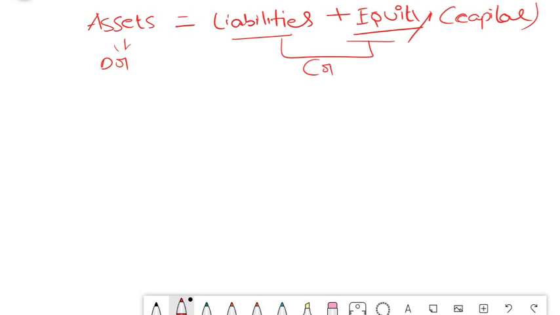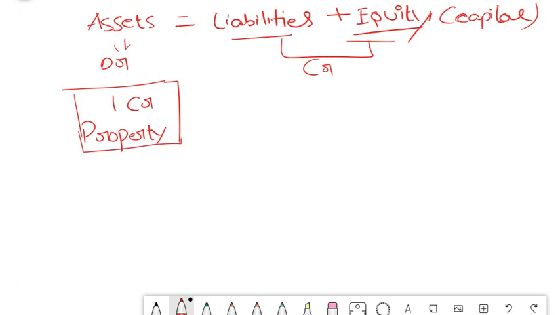Now I will give you one example. I need to purchase a property which is worth 1 crore. Or plant and machinery, whatever you want to consider, it is fine. I need to purchase a property worth 1 crore. For this purpose, I have taken a loan of 80 lakhs. Plus, I have brought some capital.